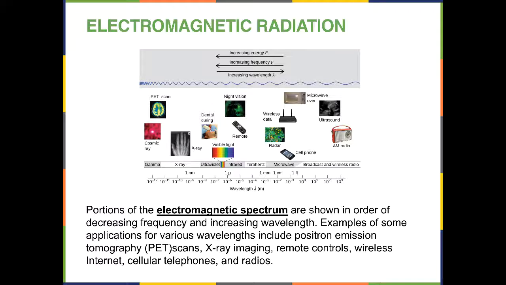And because the energy is related to the frequency, the energy is going to be the highest on the left and the lowest on the right. You can see a little bit left of the middle, visible light, which is actually a very narrow band in the entire electromagnetic spectrum.